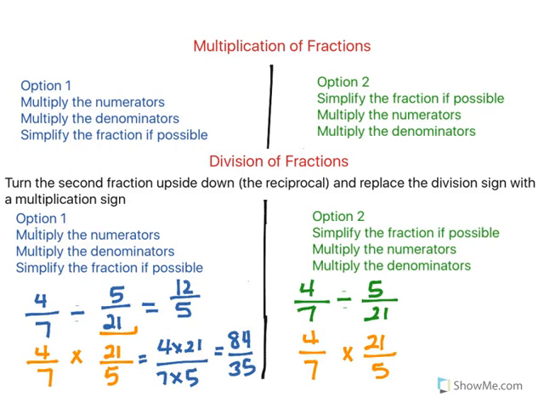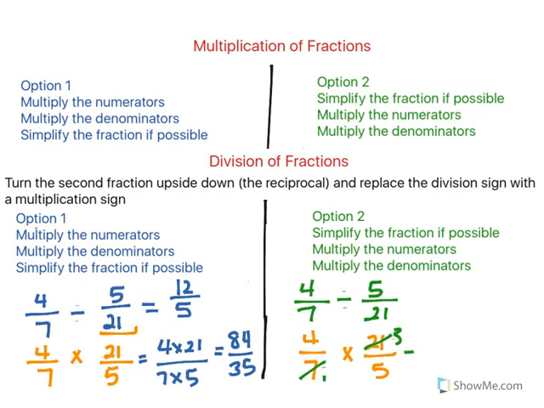And then using option 2, what you're doing is you're going to simplify your fraction first. So 7 and 21 are in common. They can both be divided by 7. So 7 divided by 7 is 1, and 21 divided by 7 is 3. I cannot simplify any further because 4 and 5 don't have anything in common with each other, and 3 and 5 don't have anything in common with each other.